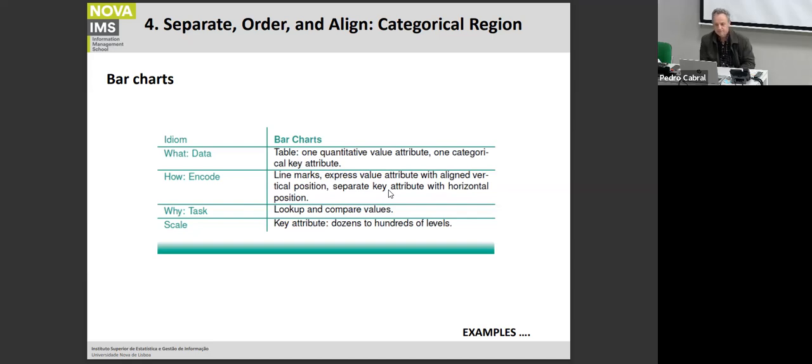Okay, so if you are using software like Tableau, okay, when you add the table or the data set to the software, the software immediately suggests you some possible visualization idioms or charts to represent that data set.